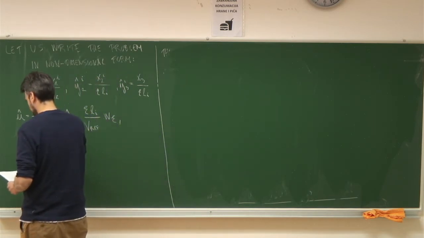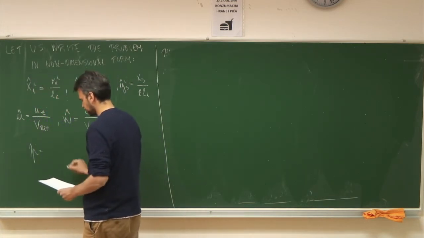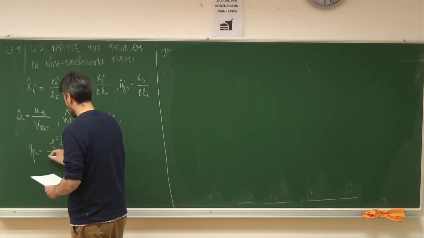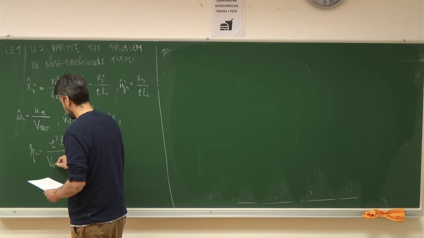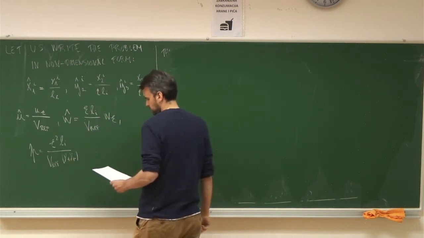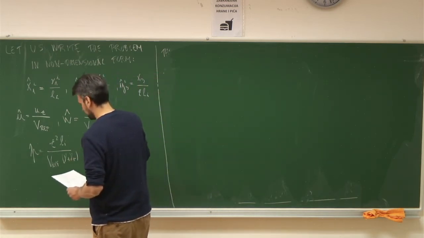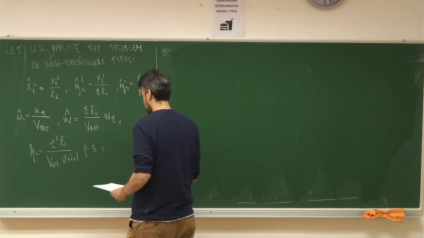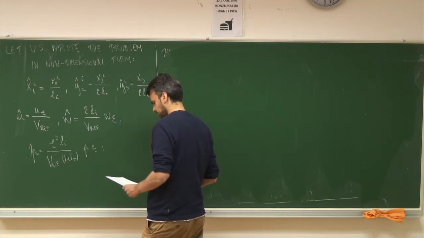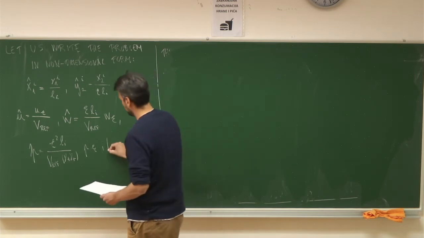The pressure is rescaled in this way: epsilon squared L_i over V_ref times (nu_i plus nu_r) times p. Then you have, this will be the parameter that we will compare with respect to epsilon.